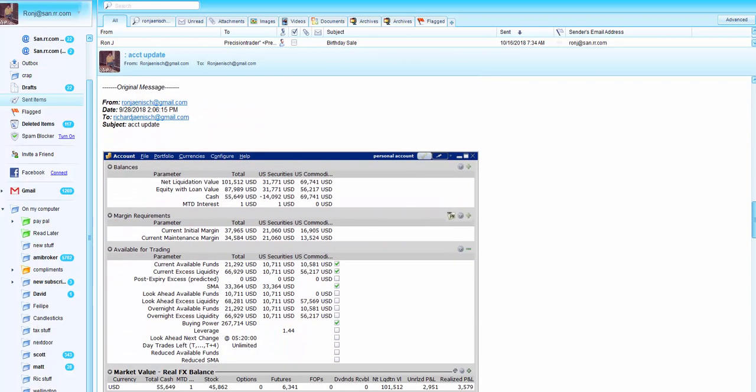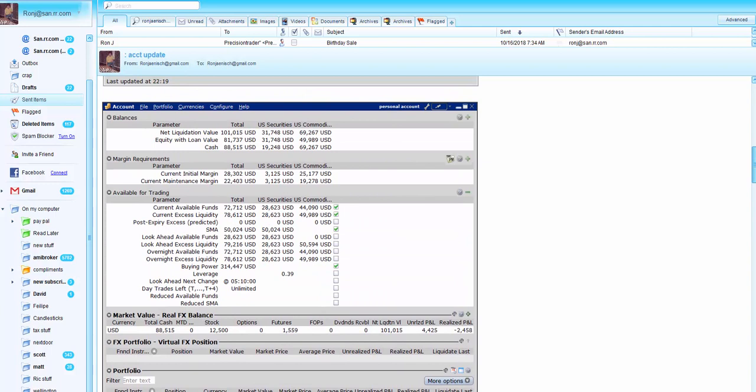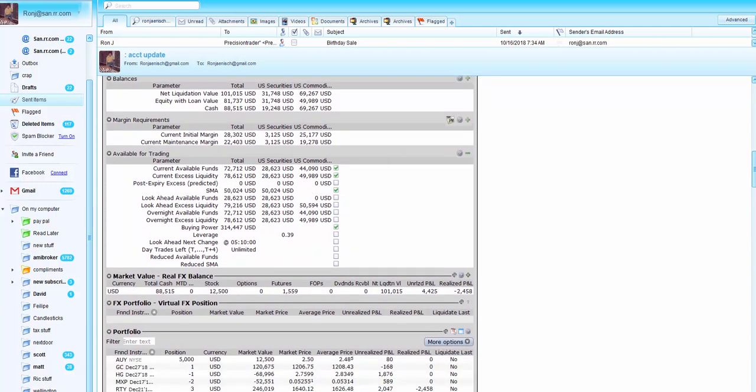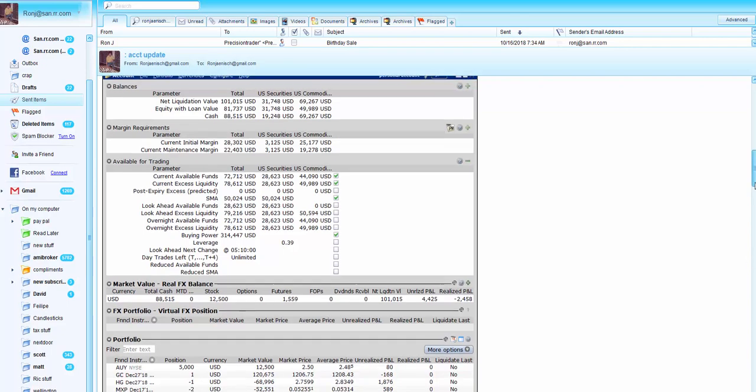Remember, we were at 101,512, and this week we're at 101,015, so it's down $500 this week, which isn't bad. And once again, we're using about 1/3 of cash available, and having on a variety of positions, everything from the Mexican peso to copper to gold, and look, even has a small loss in the gold position. I'll show you what happens to that in a moment.